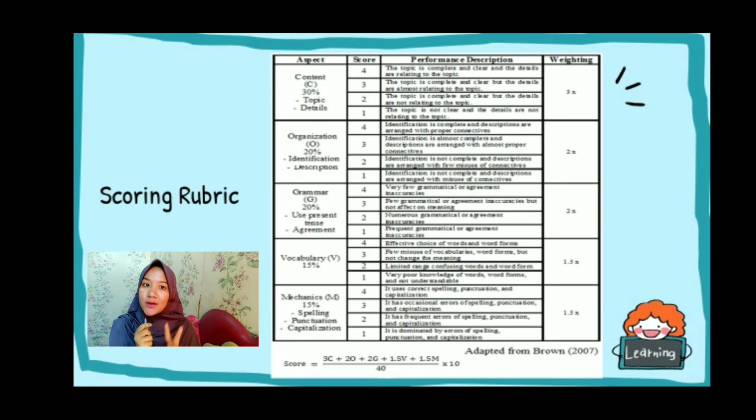It has 20% of scoring system. And then fourth is vocabulary. It has 15% of scoring system. And the last one is mechanics. It has 15% of scoring system, which consists of spelling, punctuation, and capitalization.